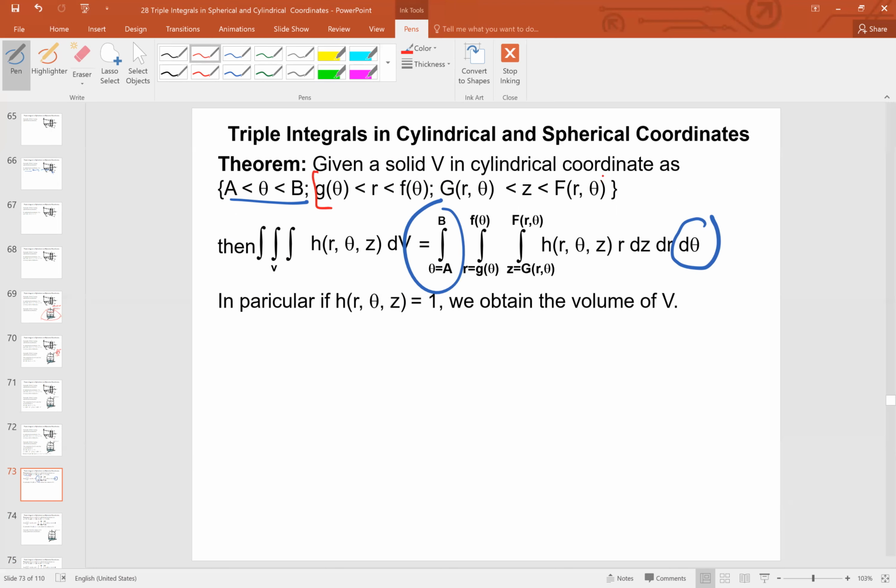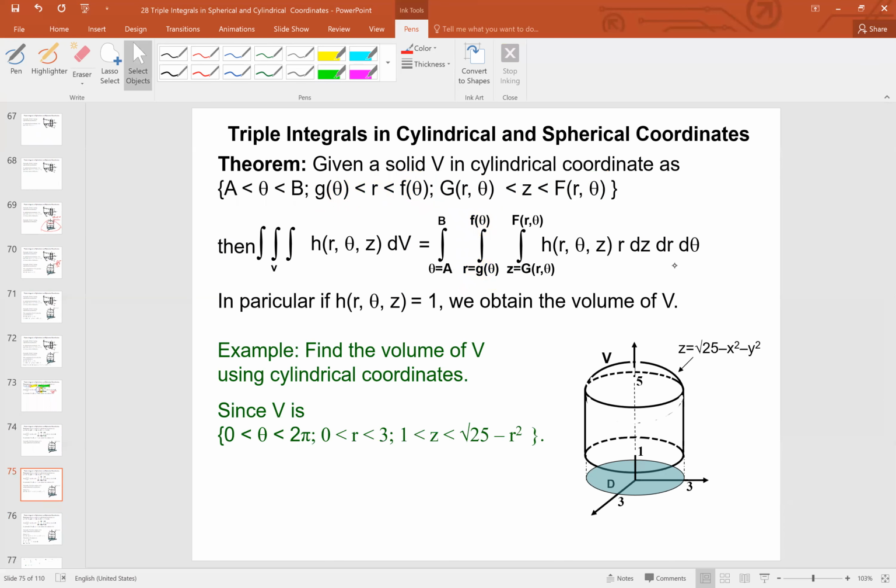This is the integral in the middle portions. Then you do the second part, the dr, and then you have the innermost part, the last part, which is dz. Basically, this is the setup. Then this is the dv. That's what I'm saying.